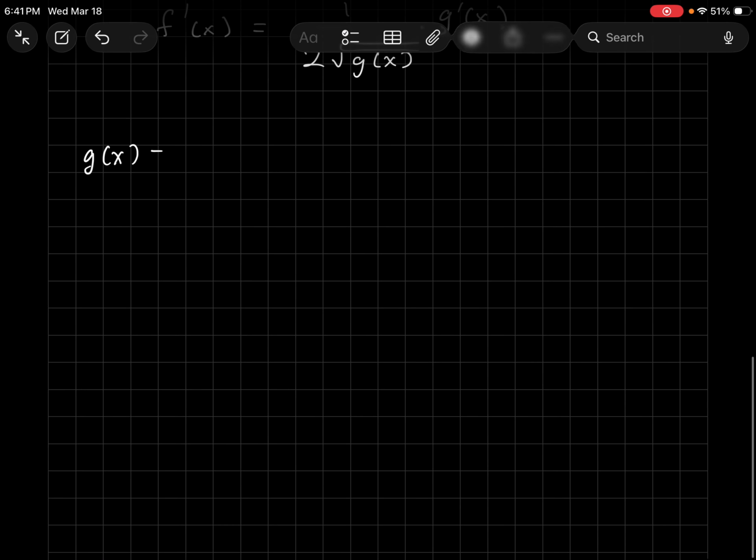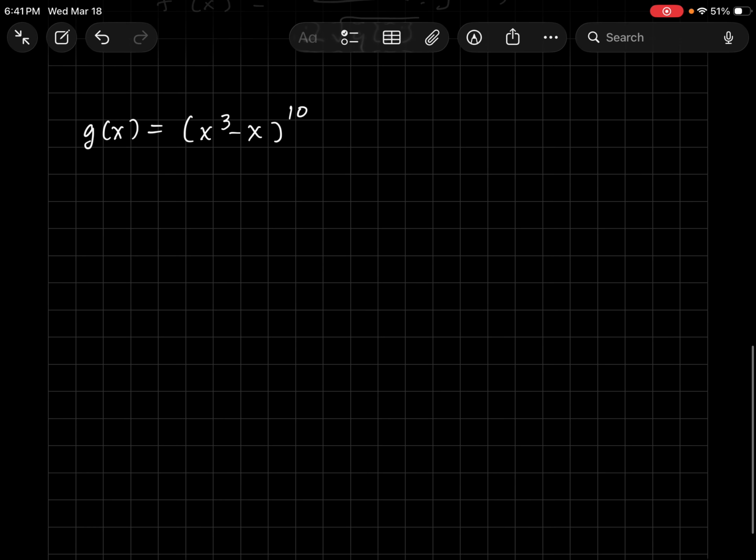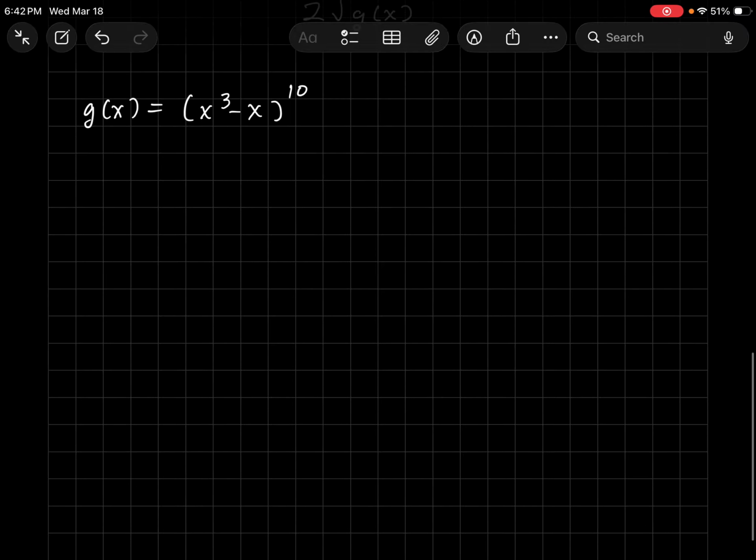Consider g of x equals x cubed minus x to the 10th power. So we could multiply this out 10 times, maybe do a bunch of product rules or a lot of algebraic simplification, but instead we're going to do the chain rule, which says, let's take the derivative of the outer function, which is something to the 10th power.